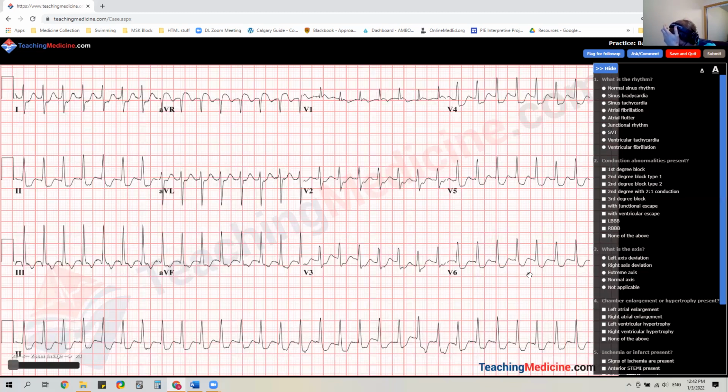So the interpretation would be, it'd be anterior lateral. Well, it'd be diffuse ST depression because it's all three. So it'd just be like a diffuse ischemia, probably from the tachycardia.